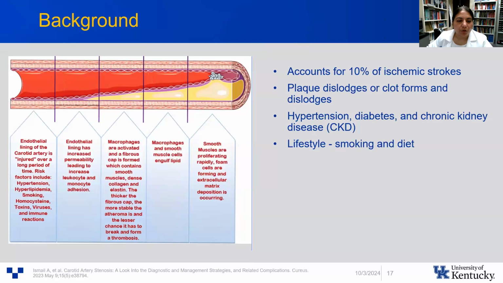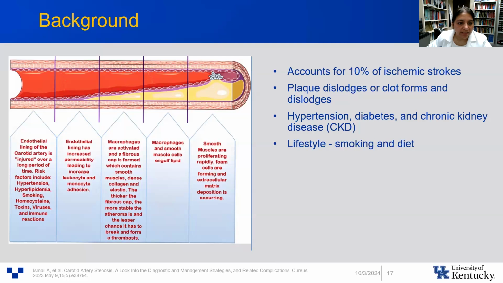So to give you a background, we all know the pathogenesis of atherosclerosis. There is usually some injury to the endothelial lining of the blood vessel. The factors which predispose you to endothelial injury are well-known: hypertension, diabetes, kidney disease, lifestyle factors like cigarette smoking, and dietary factors like high cholesterol, high fat and high carbohydrate diets.